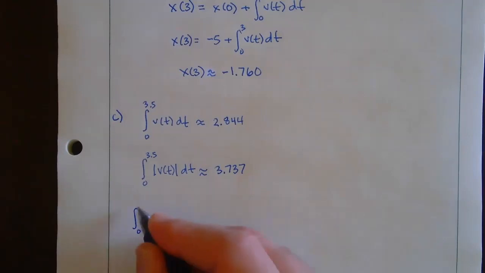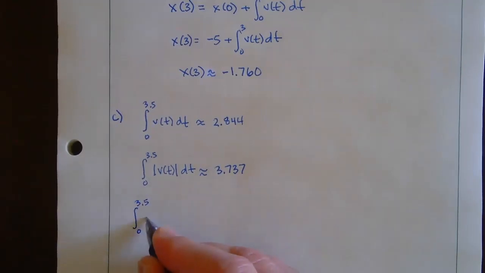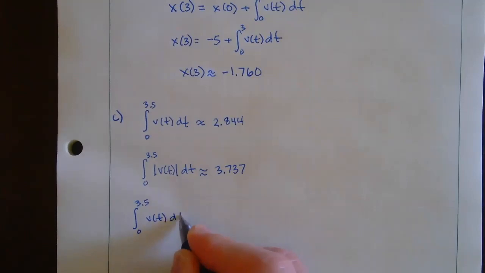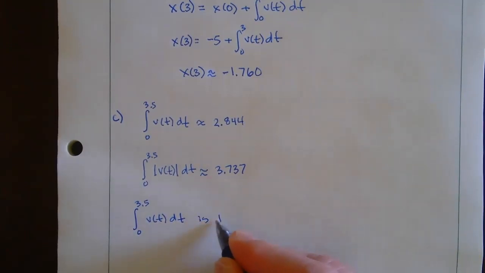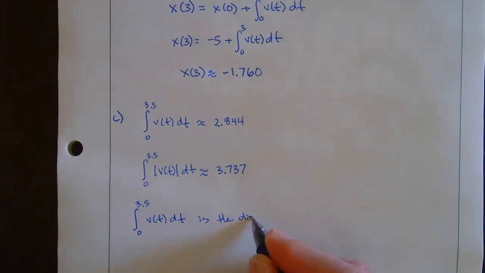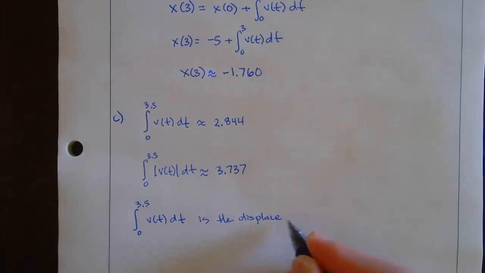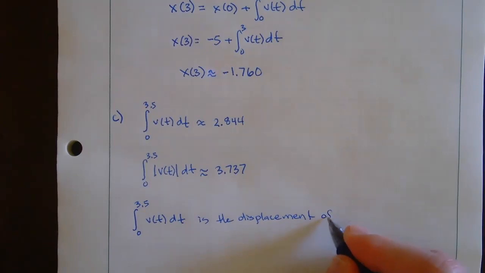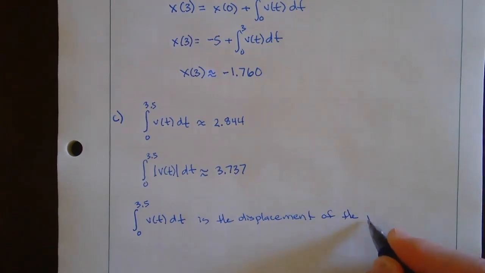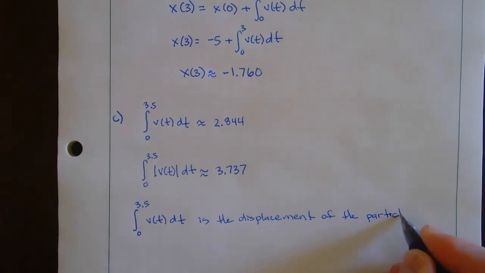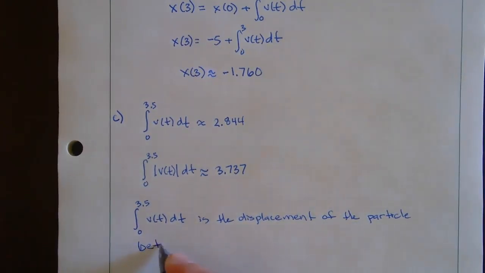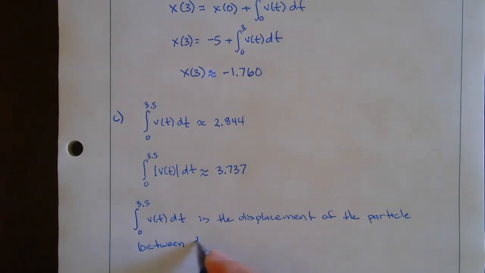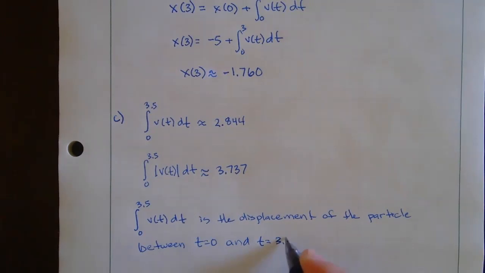So the integral from 0 to 3.5 of v of t dt is the displacement, or you could also say change in position, of the particle between t equals 0 and t equals 3.5.